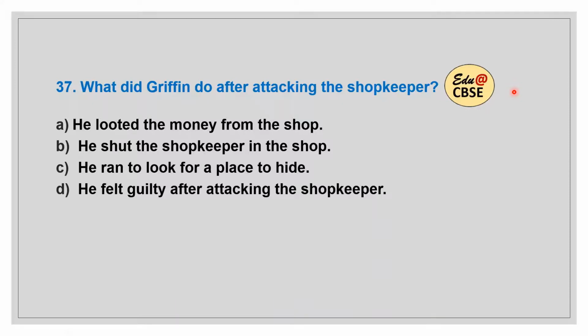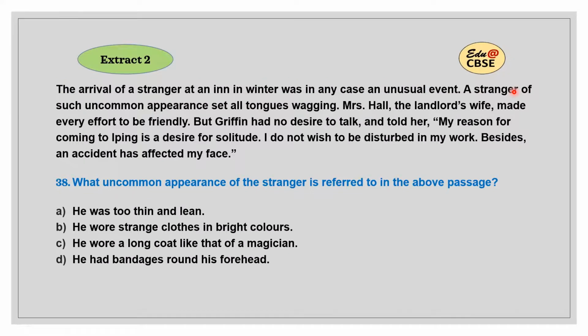Now I'm going to show you the next extract. This is extract 2. So again, you can take out the extract from your book and then answer the questions. So I'm reading the 38th question. What uncommon appearance of the stranger is referred to in the above passage? Now next one.